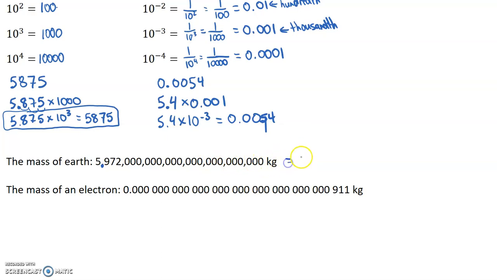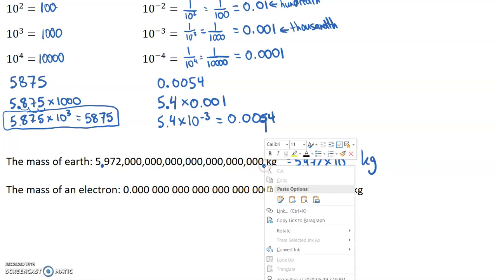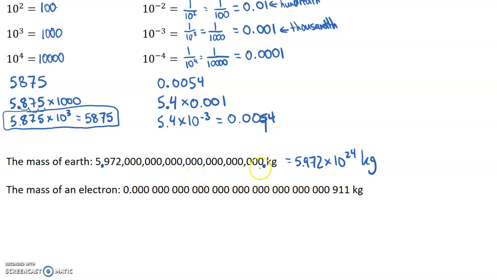And so we write that as 5.972 times 10 to the 24 kilograms, because I've moved the decimal place from where it was originally, right there at the very end of the number, 24 places all the way to the left. So we're multiplying 5.972 times 10 to the 24, and that is how it is written in scientific notation.